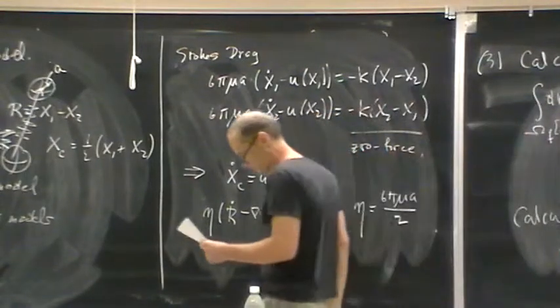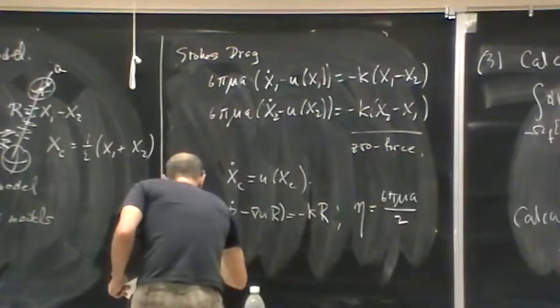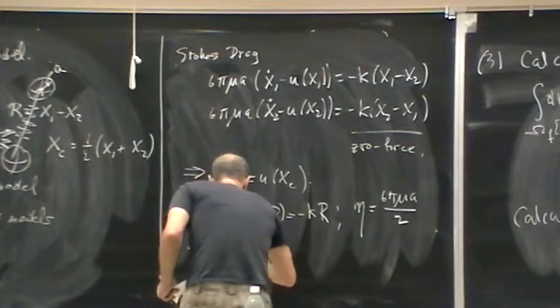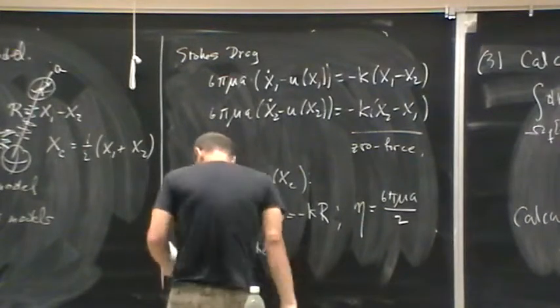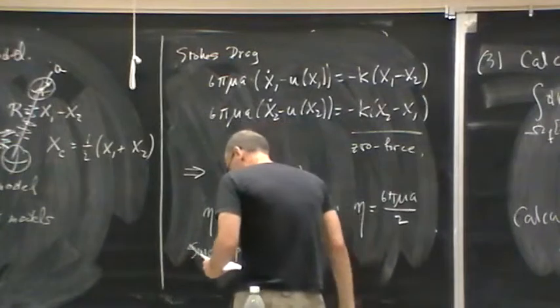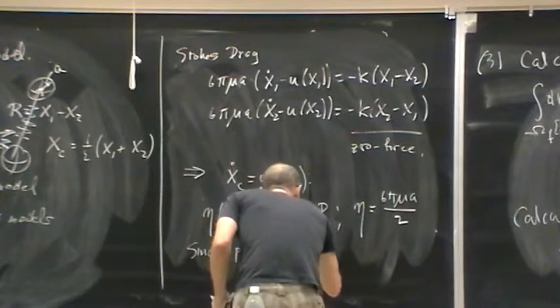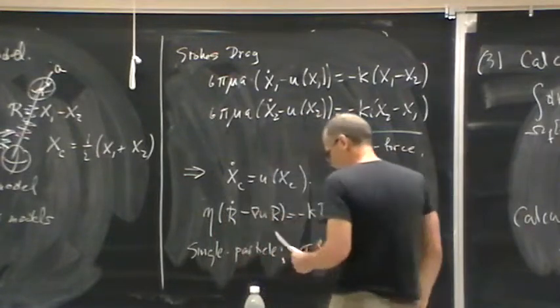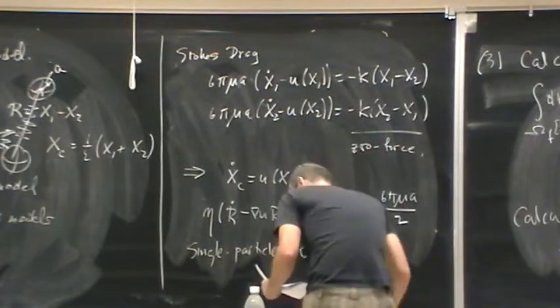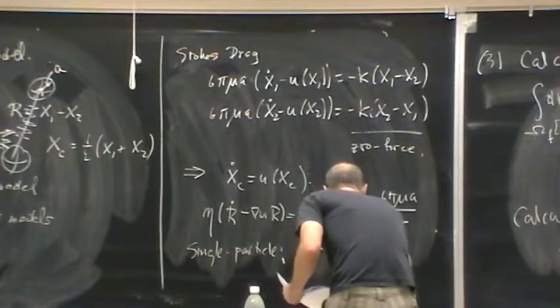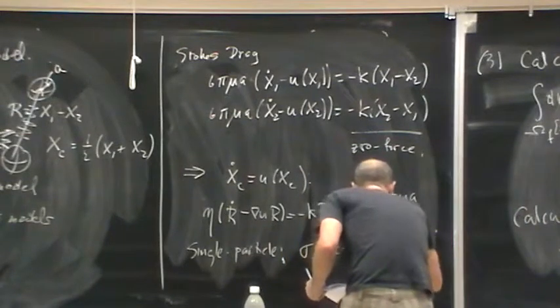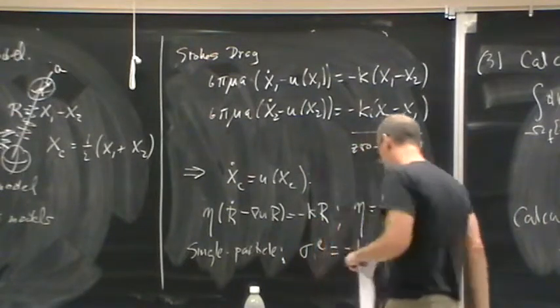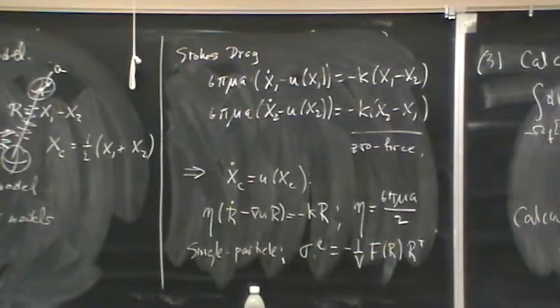So for a single particle, you're going to have this sigma p, what we call the extra stress, the volume average extra stress, is going to look like minus 1 over V times f of r times r transpose. Okay? That's the stress it communicates on average into my volume.